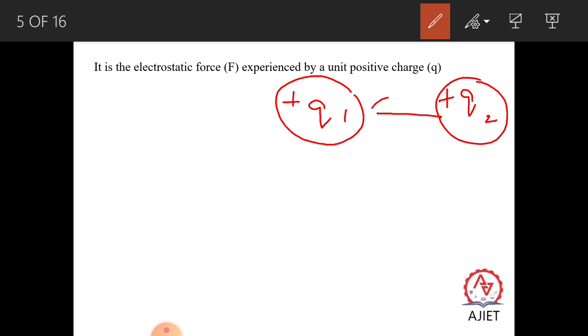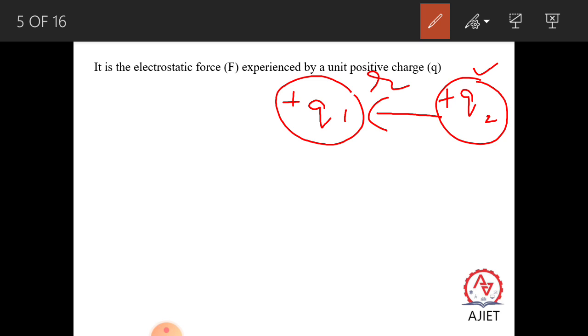When you bring this test charge towards the charge Q1, the test charge at a distance r will experience either a force of repulsion or a force of attraction. It depends on the source charge present here. Q1 may be positive. If it is positive, our test charge will undergo a force of repulsion because the test charge is positive.